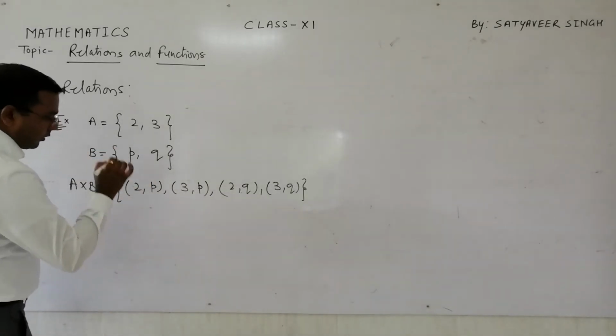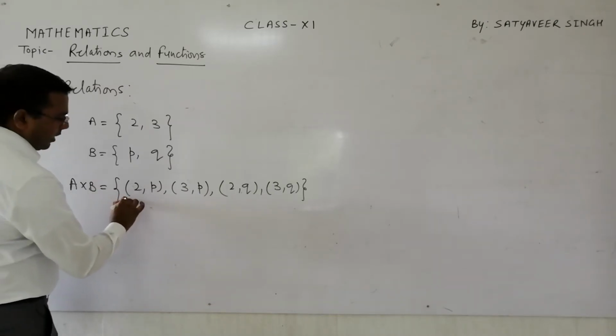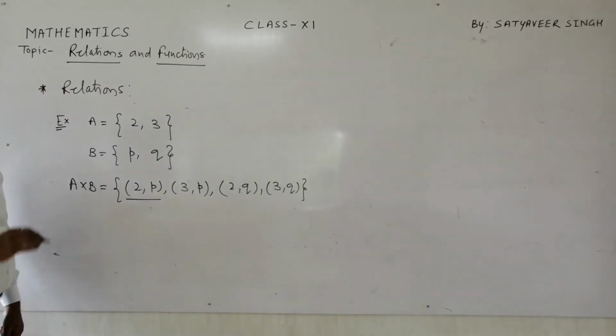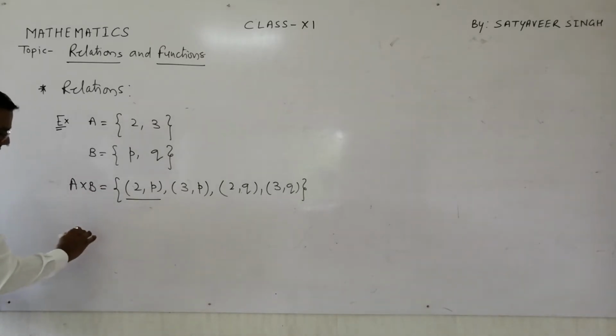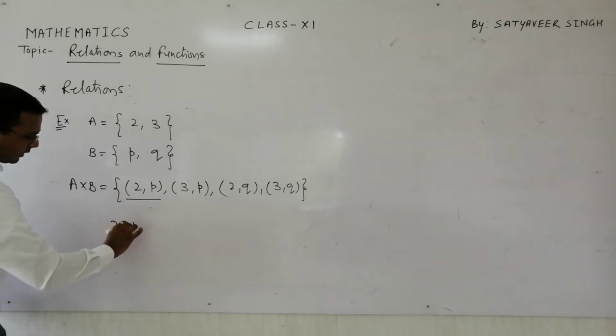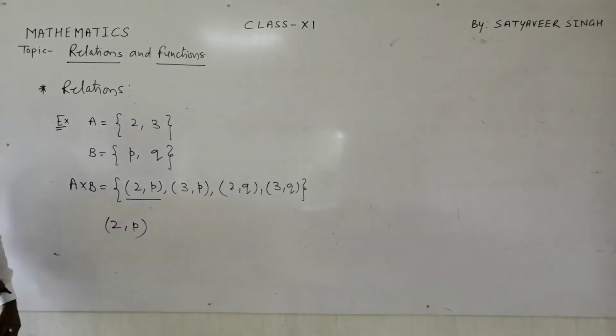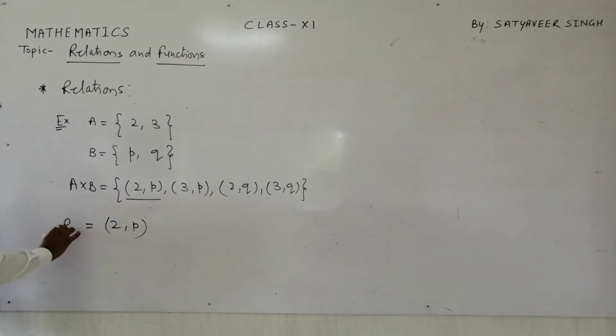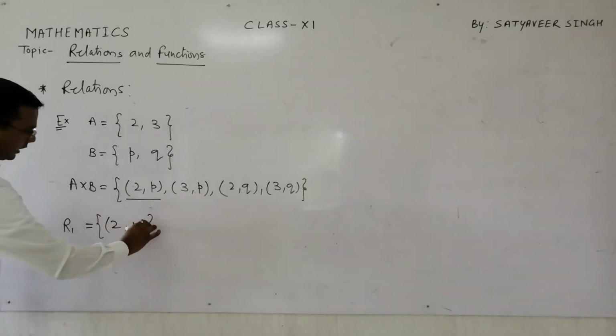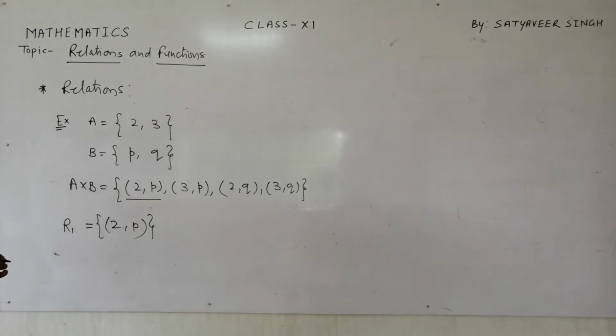If out of these ordered pairs, even a single element I take, suppose I have taken one element 2 comma P, I can say this 2 comma P is a relation.